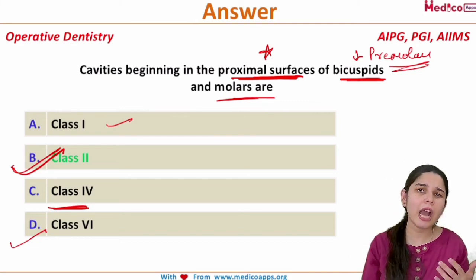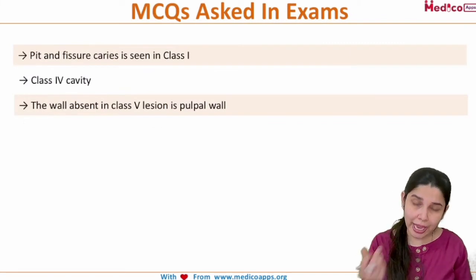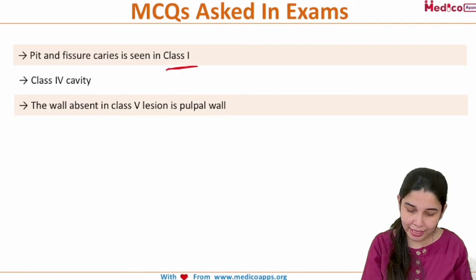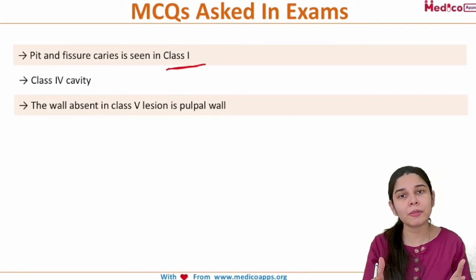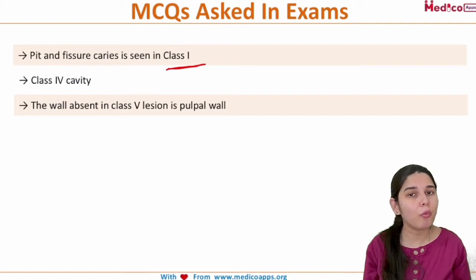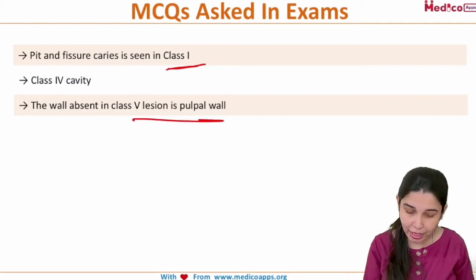Other than that, there are certain more MCQs which can be framed, like the pit-and-fissure caries, what will you call it? Class 1, yes. What is class 4? The proximal surface of the anterior teeth involving the incisal edges. And the wall absent in class 5 lesion is the pulpal wall.